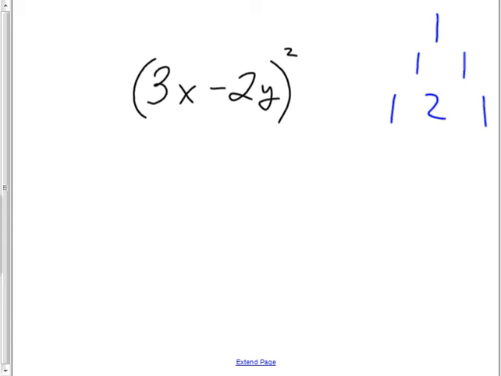All I need is the 1, 2, 1, right? Mr. V, help me get started. Did you put it in parentheses like this?